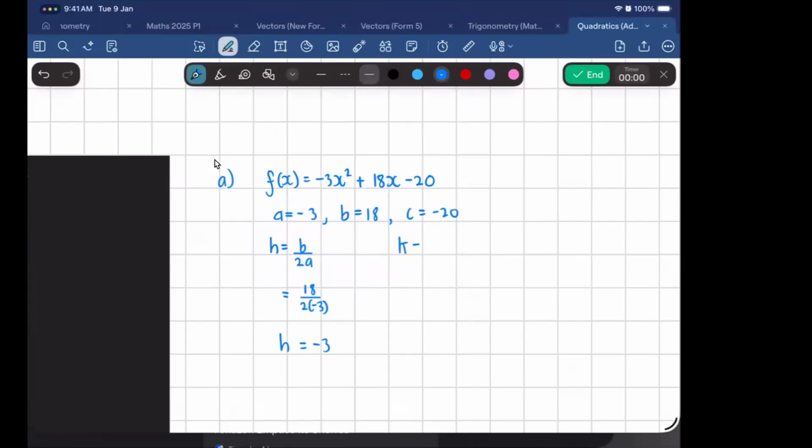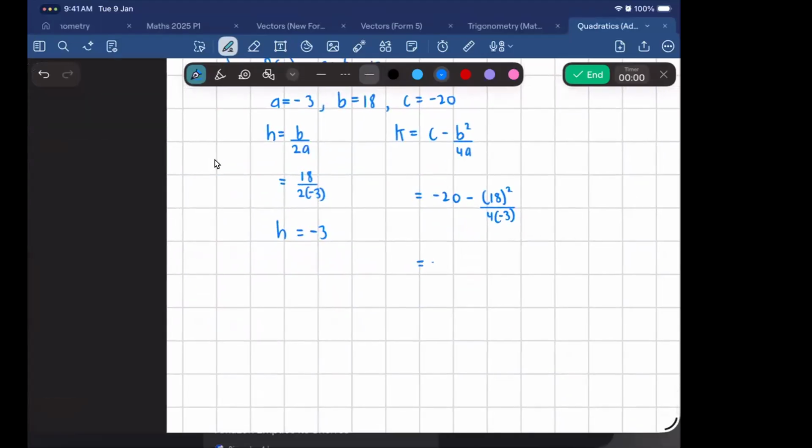Now K. K will be C take away B squared over 4A, right? C is minus 20, minus 18 squared all over 4 by negative 3. 18 by 18 would be 324.